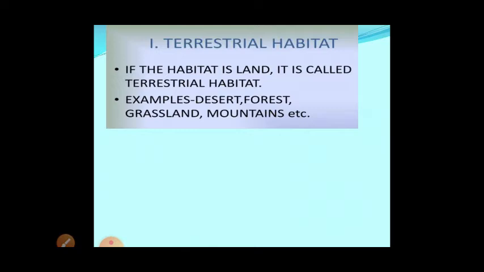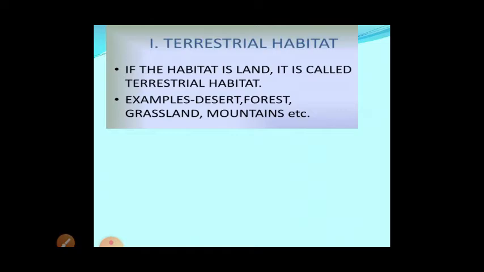Now, terrestrial habitat. Terrestrial means the habitat of living organisms is the land. Any animals, plants or living organisms which live on land have a terrestrial habitat.